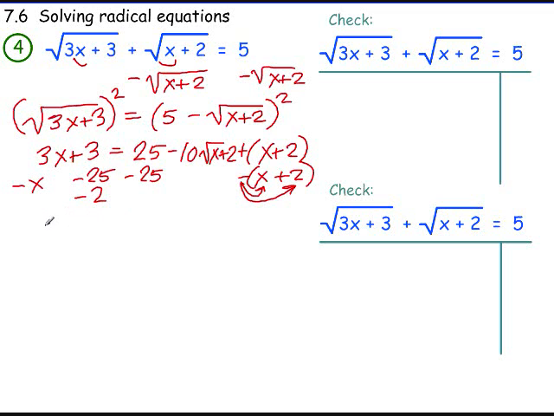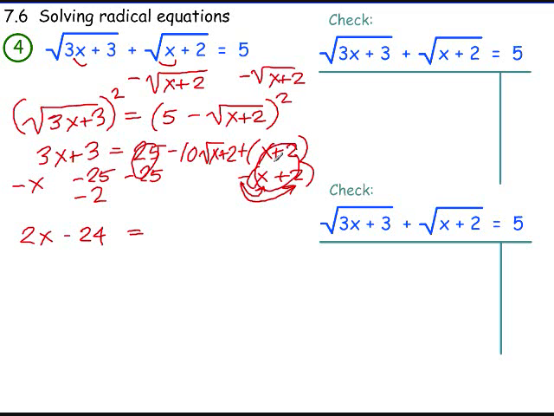Alright, so let me go through all of this. I've got a 3x and I'm subtracting x, gives me a 2x. I've got a negative 27 and a positive 3, so I'll have a negative 24. On this one, this will be 0.